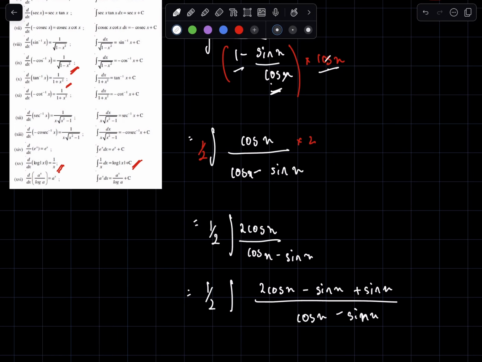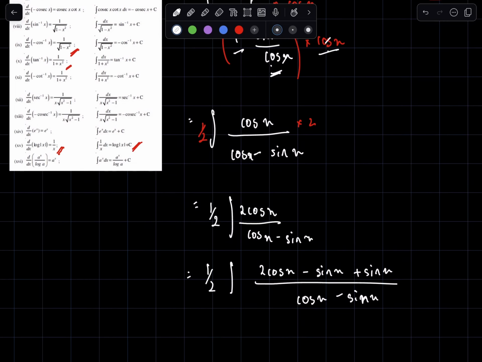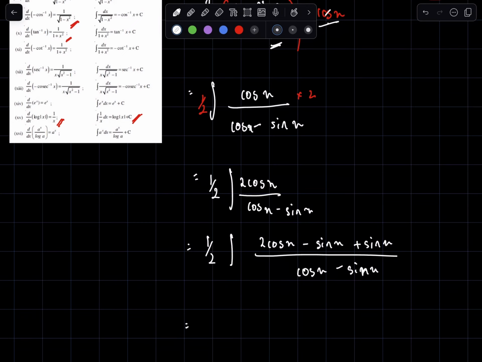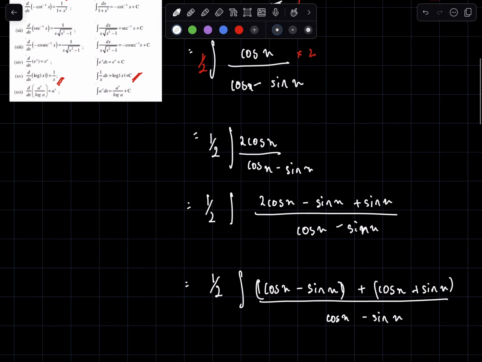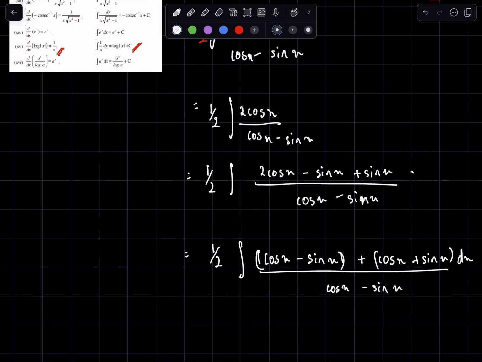Then we distribute, one cos for one sine, which is equal to half integral cos x minus sine x, plus cos x plus sine x, the whole divided by cos x minus sine x dx.